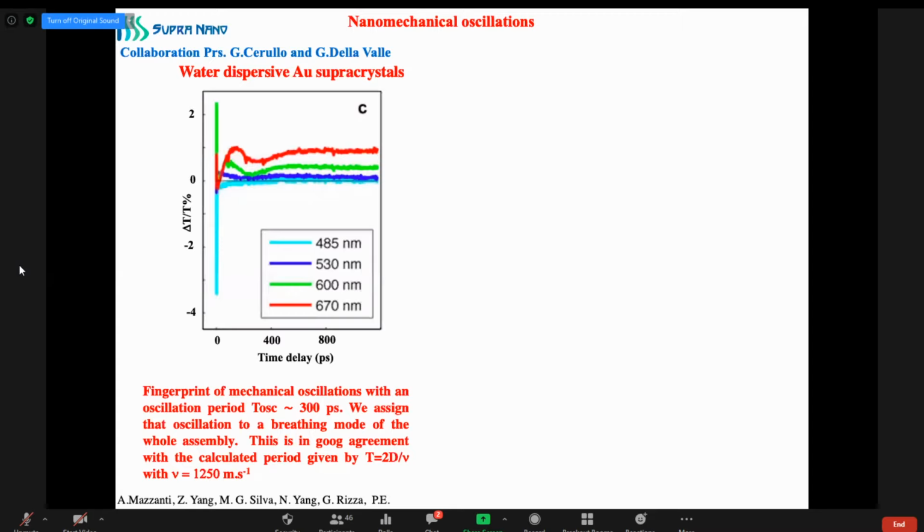And the speed of sound depends on the... I forget now, I have to check. But the speed of sound at room temperature was this value. We took this value from what we did with Giulio Cerullo and Dario Polli with cobalt particles, but we assumed that it was the same.